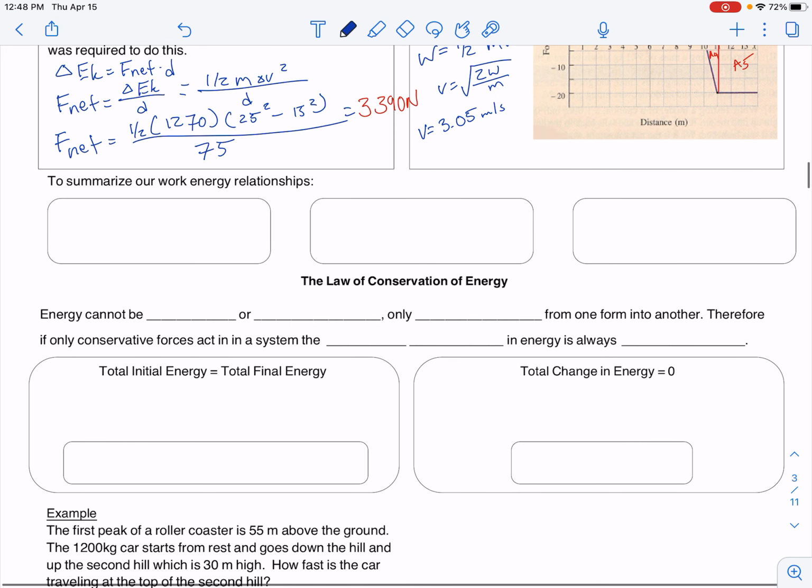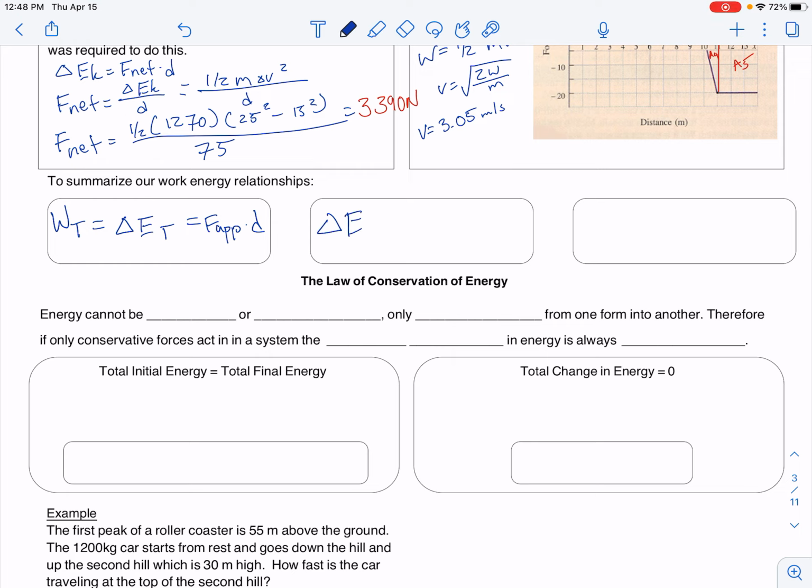Now, let's do a quick summary here. Our total work is the same as the change in our total energy, which is equal to the applied force times displacement.